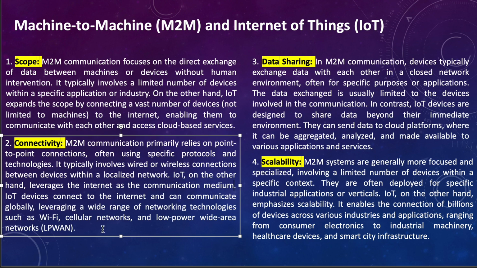IoT devices connect to the internet and can communicate globally, leveraging a wide range of networking technologies such as Wi-Fi, cellular networks, low power wide area networking, right? So again, the main point of IoT is to leverage the internet.